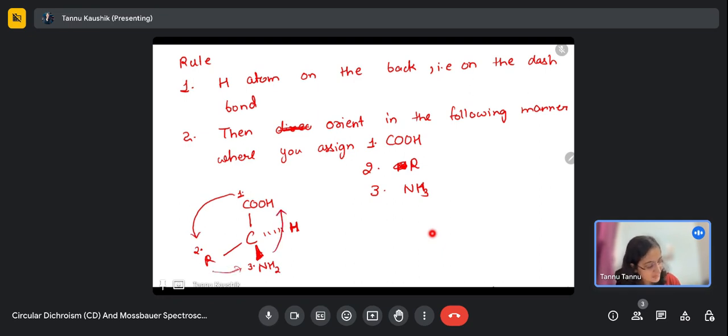So this is anti-clockwise configuration, which is equivalent to the L enantiomer. If we are orienting in an anti-clockwise direction, then that molecule is the L enantiomer.